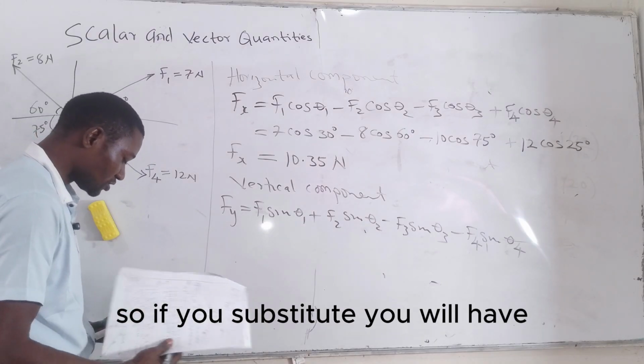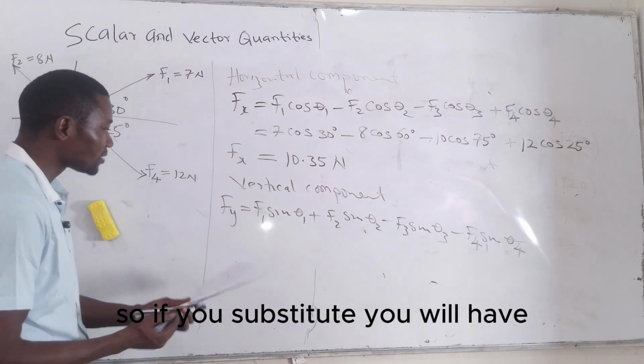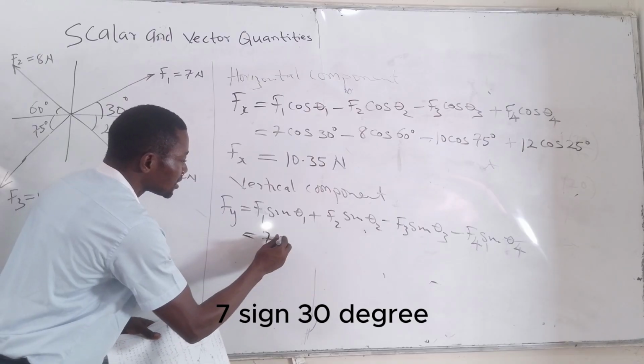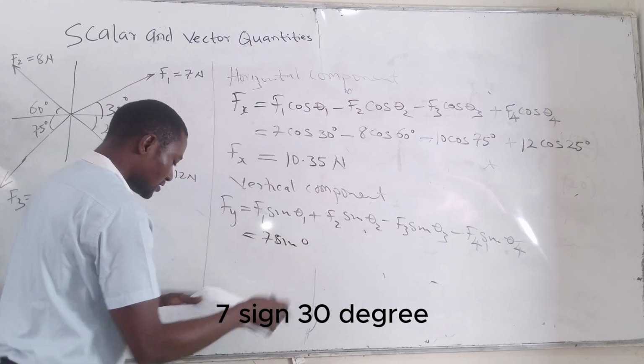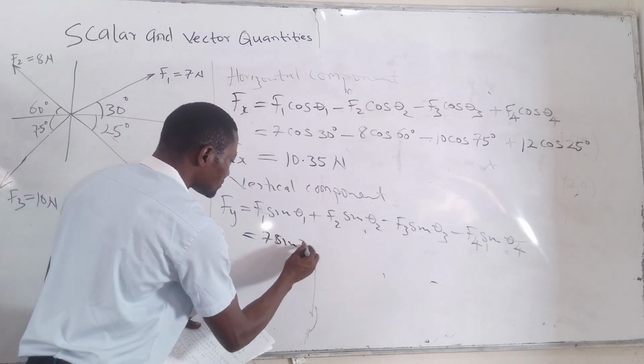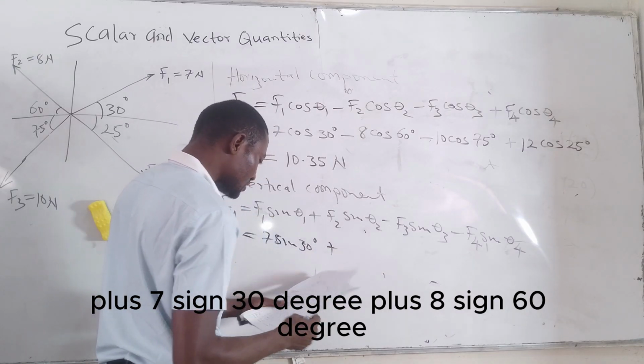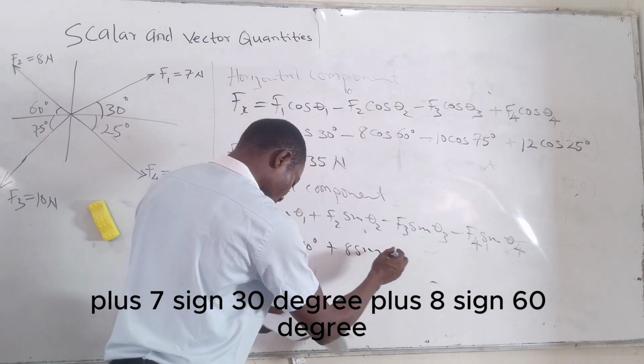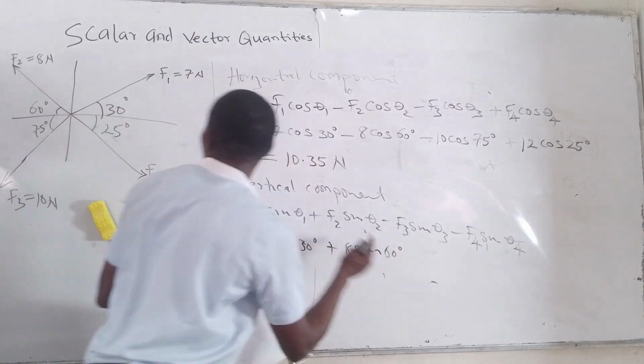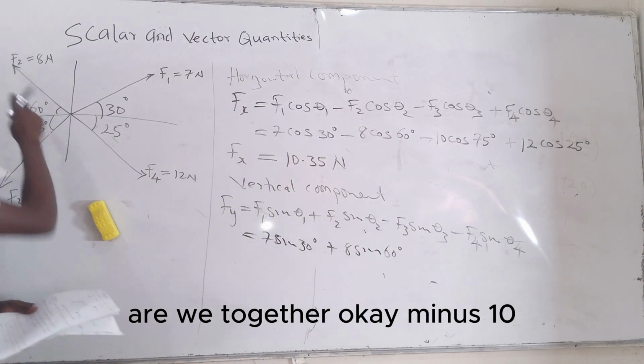So if you substitute, you will have 7 sine 30 degrees plus 8 sine 60 degrees. This is where we are substituting from. Are we together?